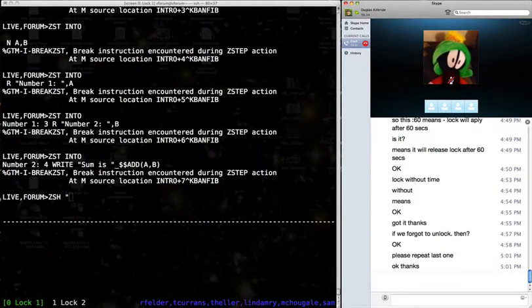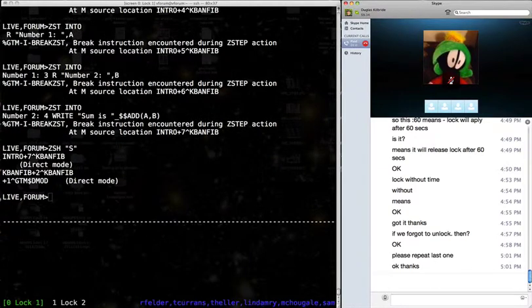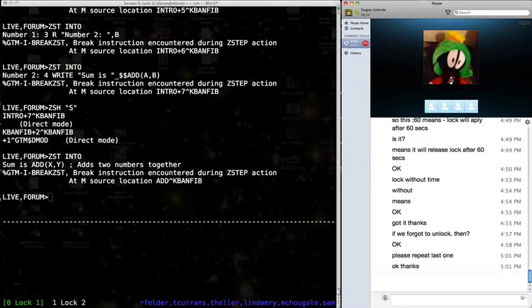Now, I just want to show you the stack again. So we're still at K-band fib plus 2 and intro plus 7. So Z step into. Now, it printed the string and then went to this entry point.